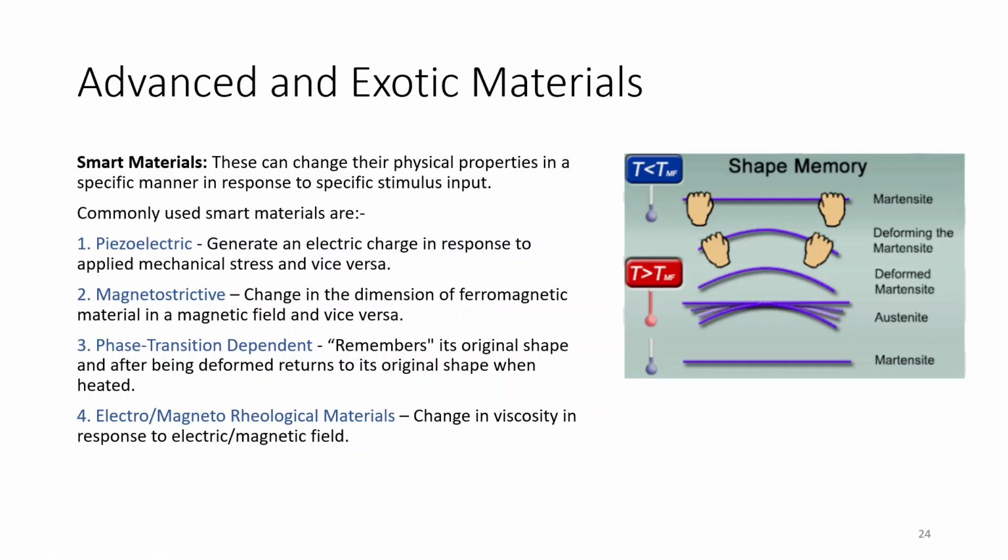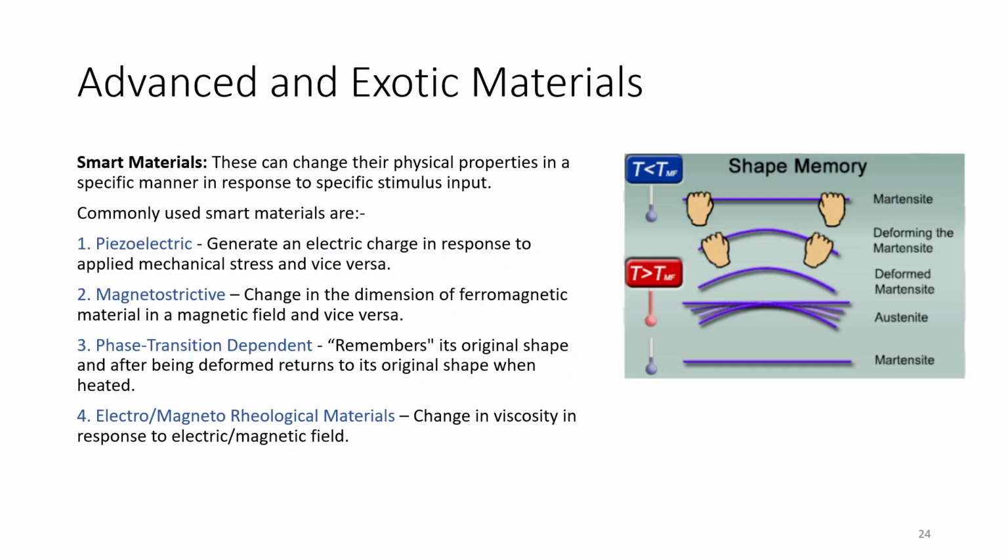Now next is smart materials. These can change their physical properties in a specific manner in response to a specific stimulus input. Commonly used smart materials are piezoelectric. These generate electric charge in response to applied mechanical stress and vice versa.